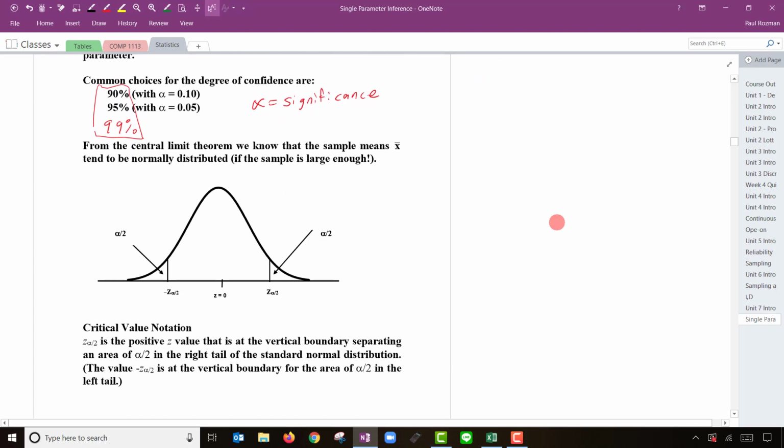We can use the normal distribution here. We've been using the normal distribution forever. This is just your typical Z table here. There's a Z curve with 0 in the middle.